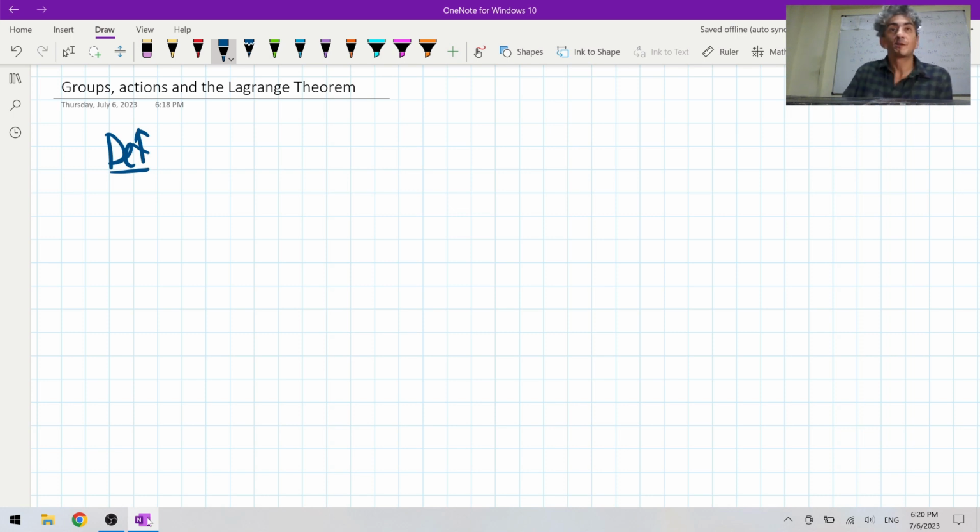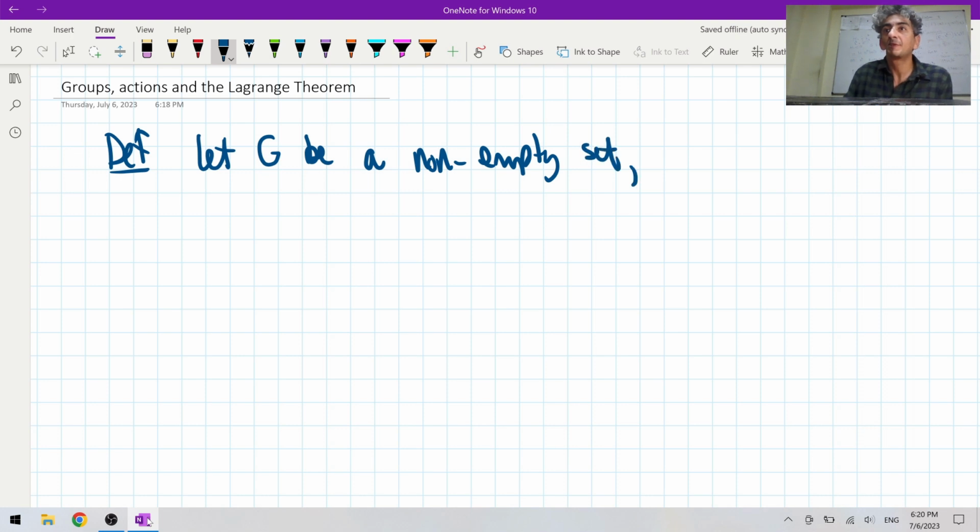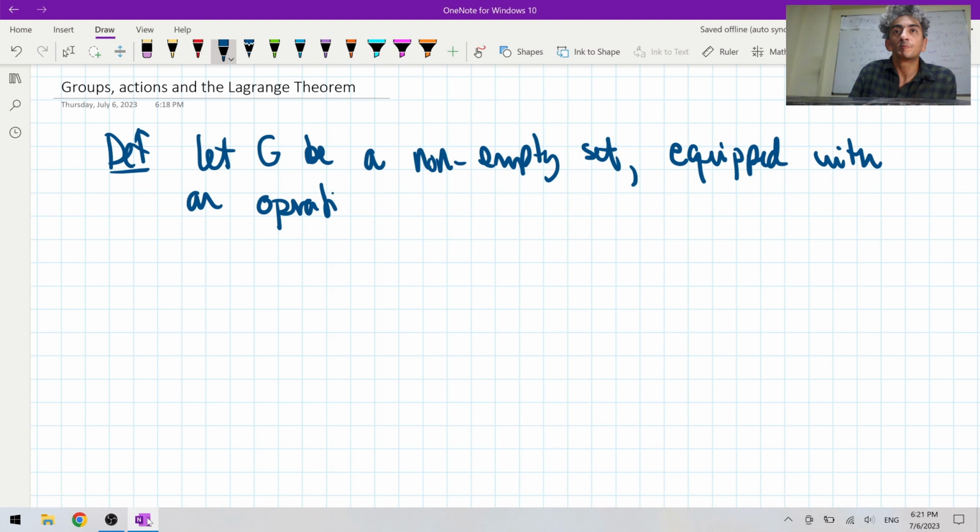So let G be a non-empty set such that it is equipped with an operation phi.